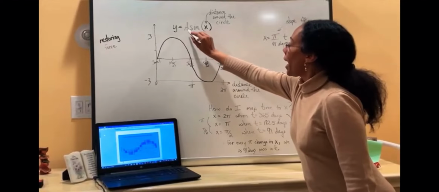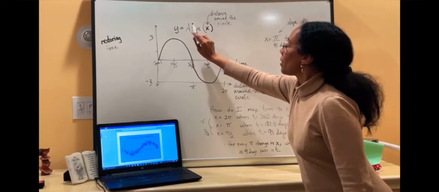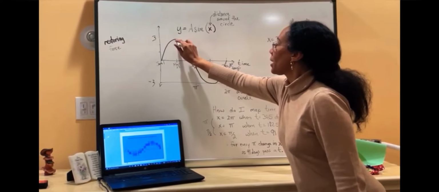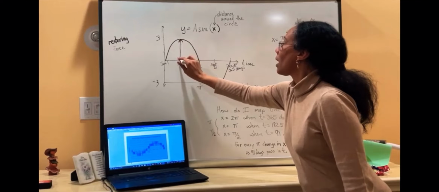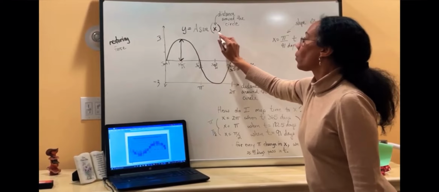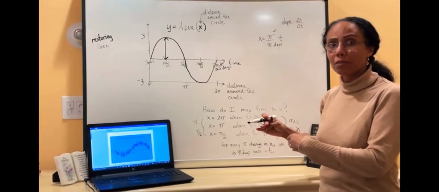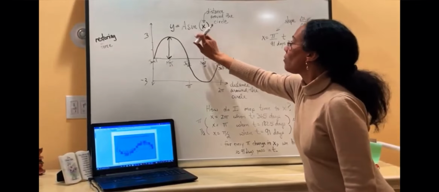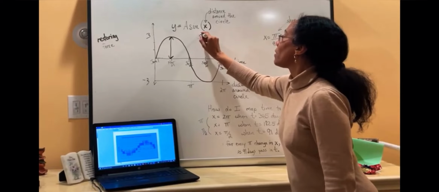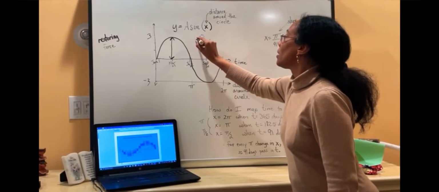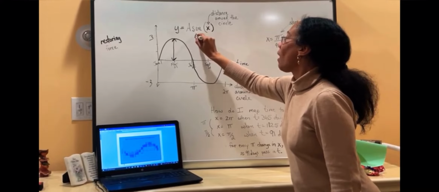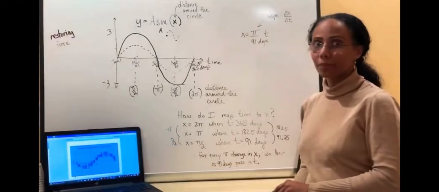So A is going to be the value of this peak here times this sine wave, which is always going to be between 1 and -1. It's going to give me the values of the sine function times this constant multiplier of A.